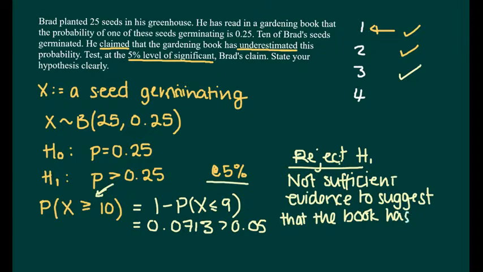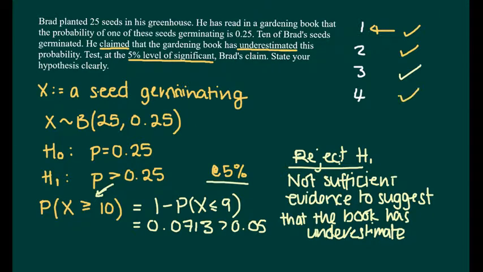So notice the language here. We're talking about sufficient evidence. It's of course completely probable that it has underestimated, but we're talking about, is there enough evidence to suggest that it has? And we have decided that because we're testing at 5%, 7%, that's not enough evidence.